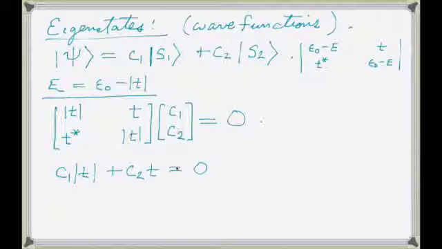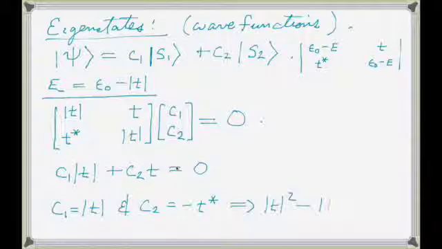I can let C1 equal the magnitude of t and C2 equal negative t star. Then I got t squared minus t squared equals 0. So that'll work.